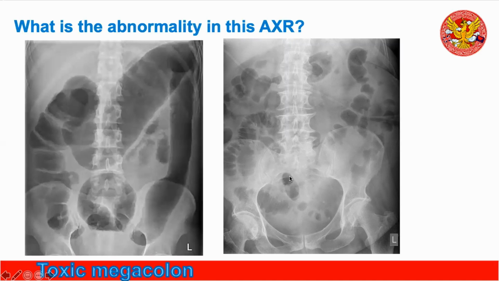If you can see my mouse, I'm hovering over one of the thumbprint things on the abdominal X-ray. Hopefully you can see what the thumbprinting is. This is suggestive of edema and inflammation of the bowel wall, which makes sense that someone who has ulcerative colitis may have this sign on their abdominal X-ray.